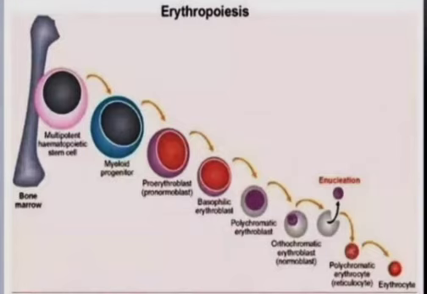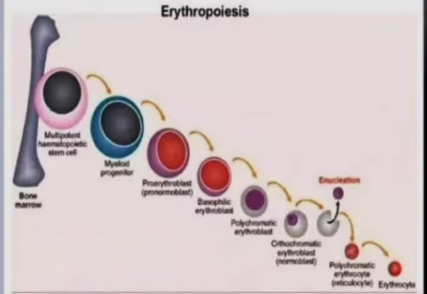Alright? Some authorities may call that multipotent hematopoietic stem cells. It's the same thing. Pluripotent stem cells will differentiate to colony-forming units, erythroid. I explained that in our last lecture.